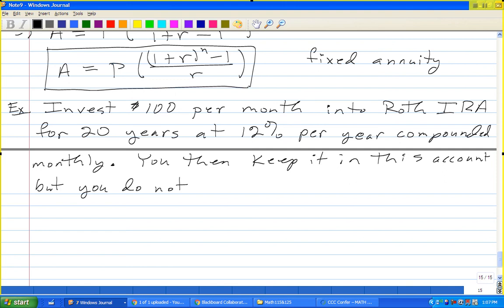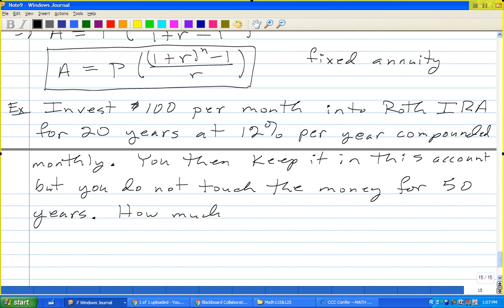You do not touch this money. Let's say for 50 years. How much tax-free money do you have at retirement?